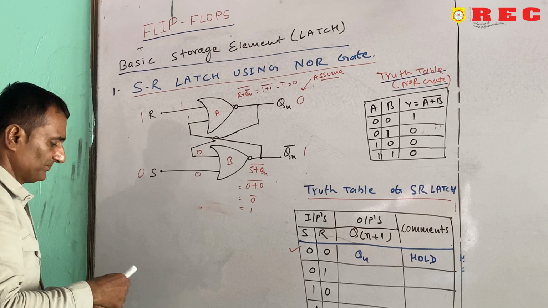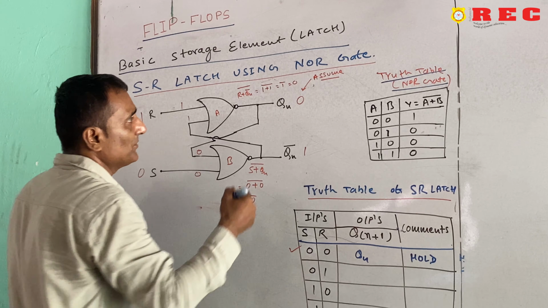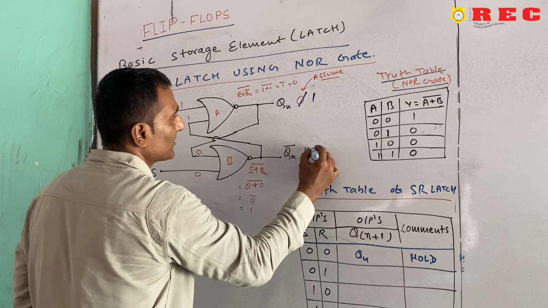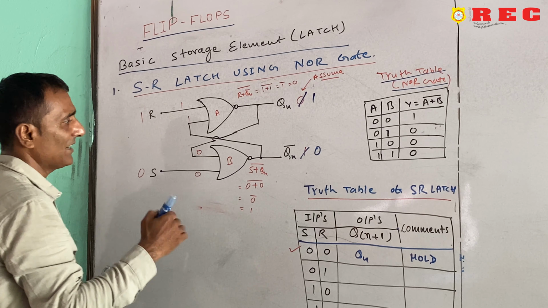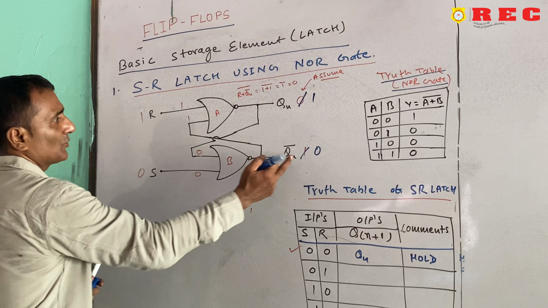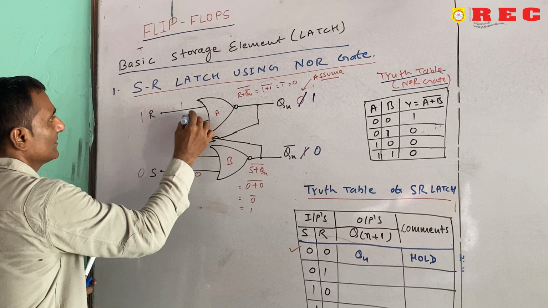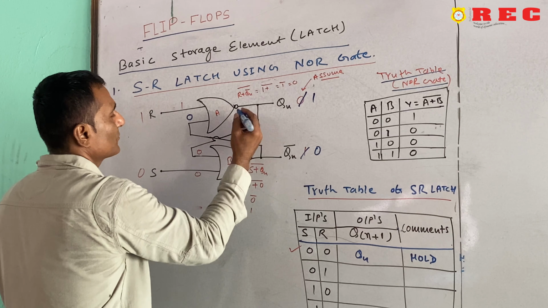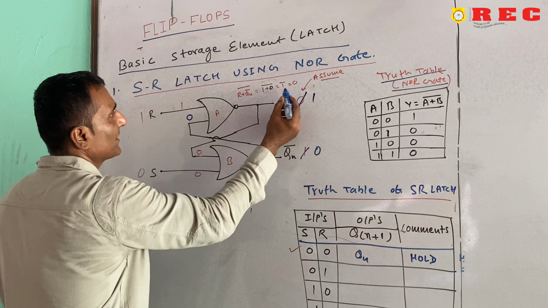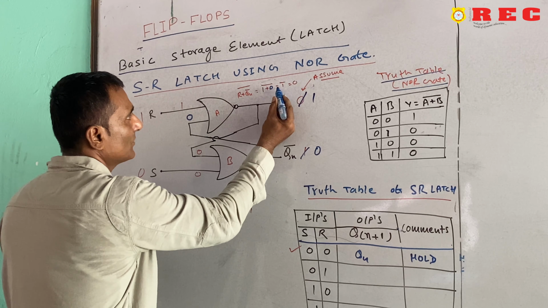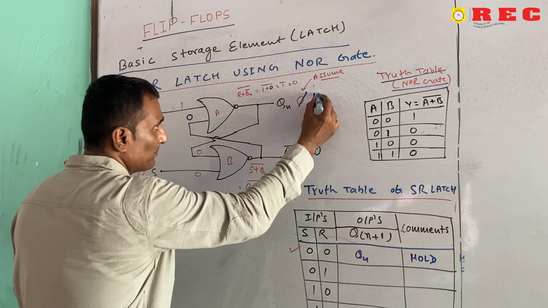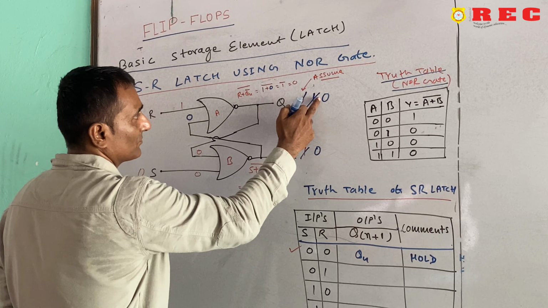Okay. Now, see, if we assume Qn is equal to 1 and Qn complement equals 0, what will happen? So, this 0 will come here, this 1 is already fixed, 1 and 0. So, 1 plus 0 complement is equal to 1 plus 0 is equal to 1 and 1 complement is 0. So, this is replaced by 0 right now.